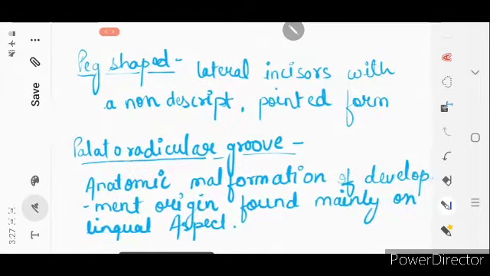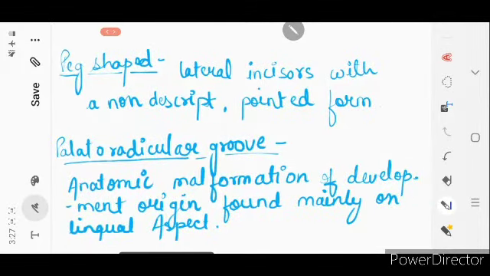Now, what is the peg shaped and what is the palato-gingival groove? In the peg shape, a common situation is to find maxillary lateral incisors with a nondescript and pointed form. Such teeth are called peg shaped. And what is the palato-gingival groove?